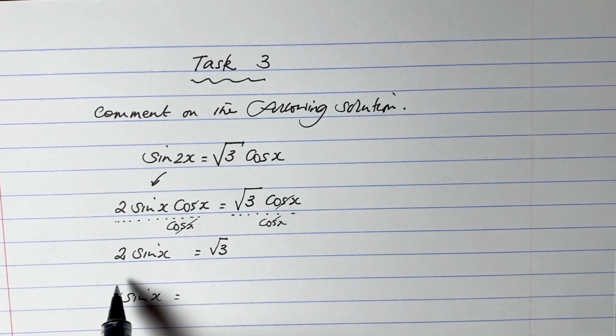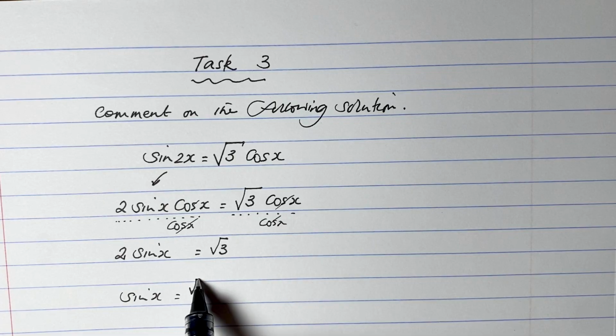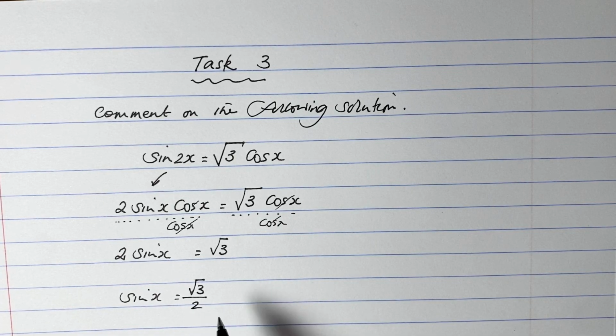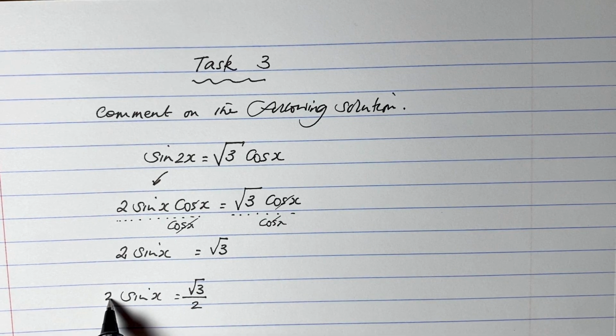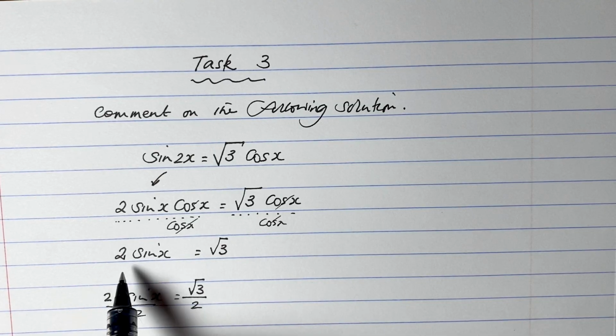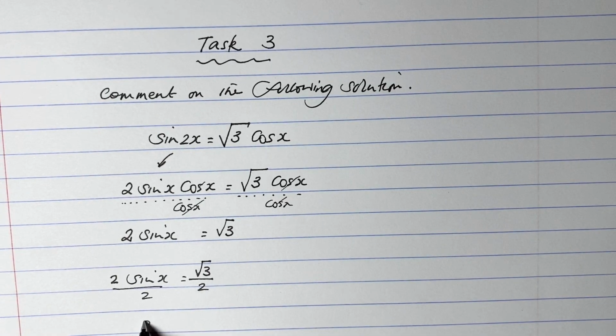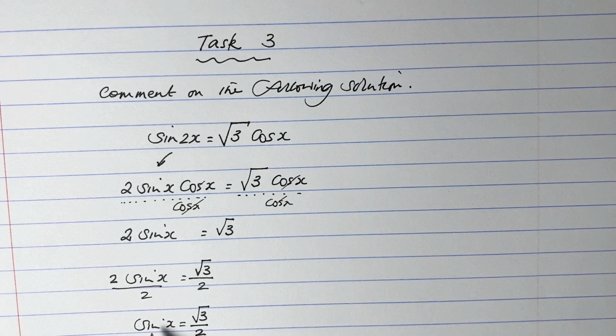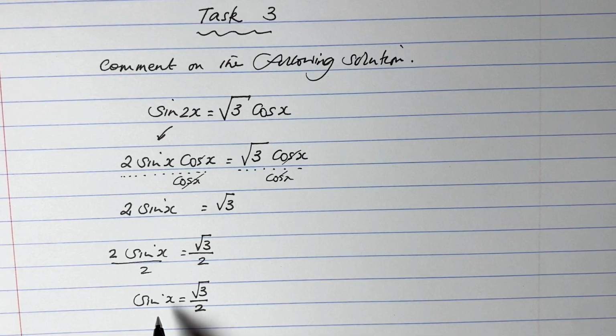Of course, dividing both sides by 2 would be root 3 over 2. They copied this and divided by 2. So sine of x equals root 3 over 2. This is one of the answers, not both answers.